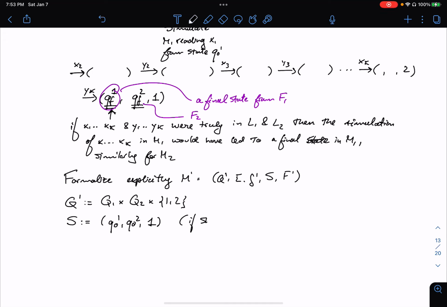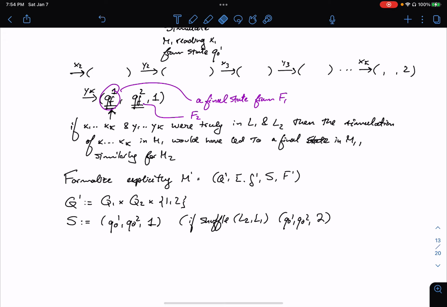So if this was shuffle L2, L1, then it would have been Q01, Q02, and then you would have started instead at 2, right? And then you would have gone back and forth.